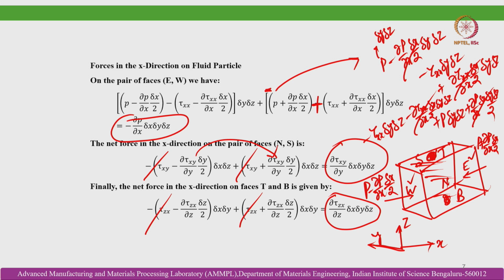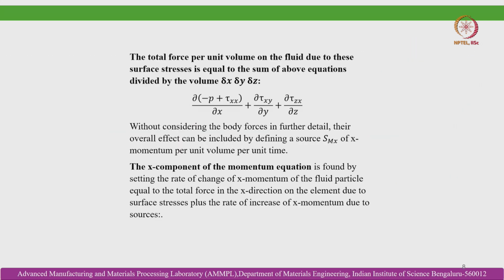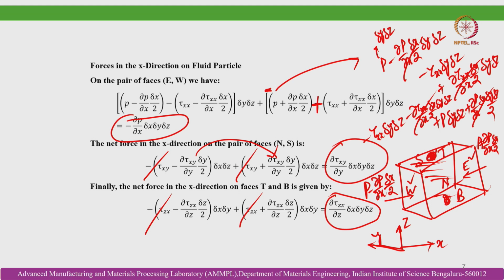Please correct it. The total force per unit volume on the fluid due to these surface stresses is equal to the sum of the above equations, divided by the volume δx δy δz. From this expression we get 3 terms: the pressure term minus ∂p/∂x δx δy δz, the shear stress in the x direction for the north and south faces, and the shear stress in the x direction for the top and bottom faces.